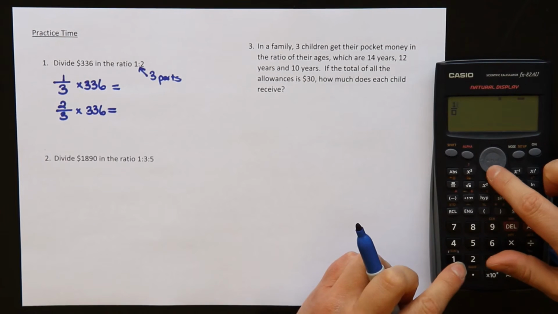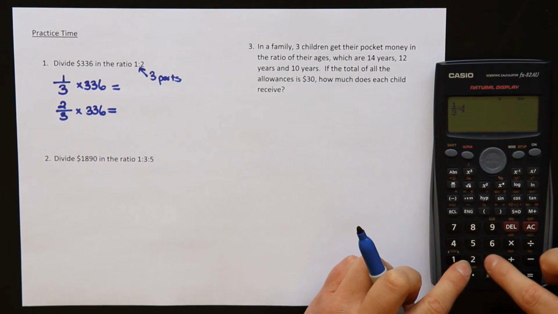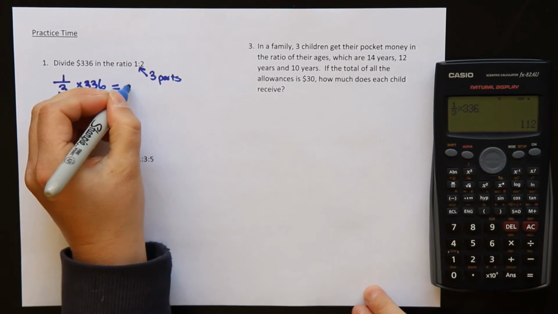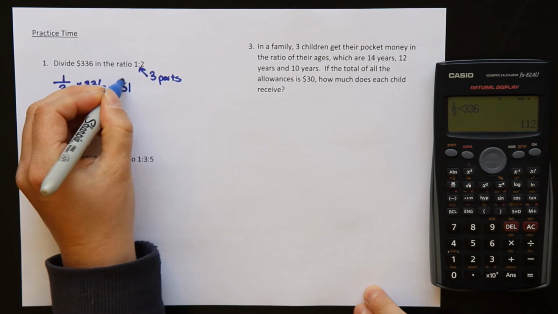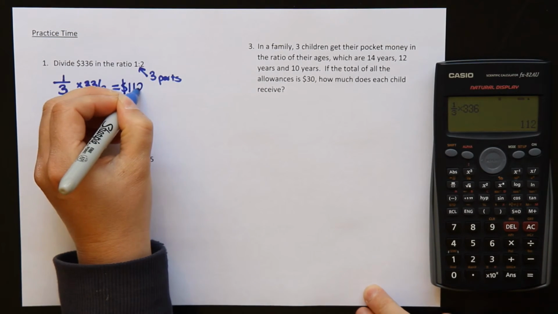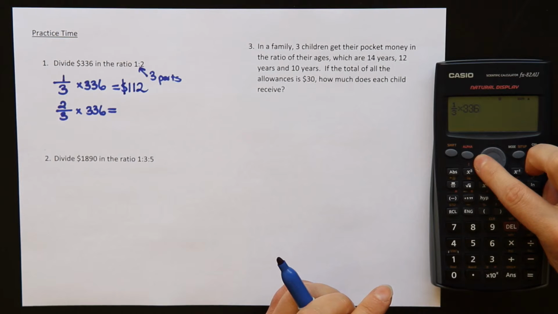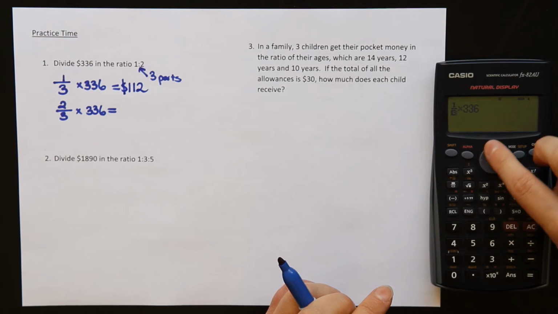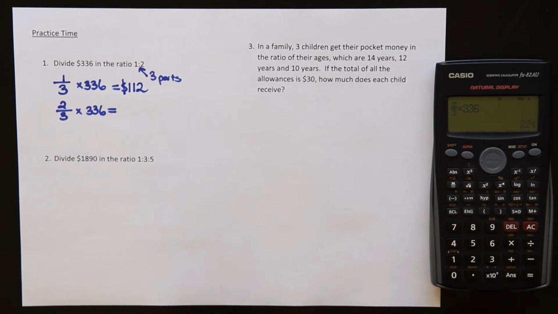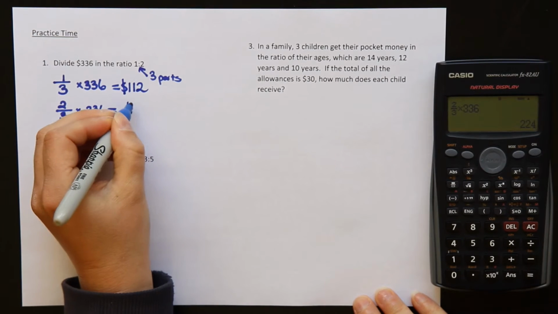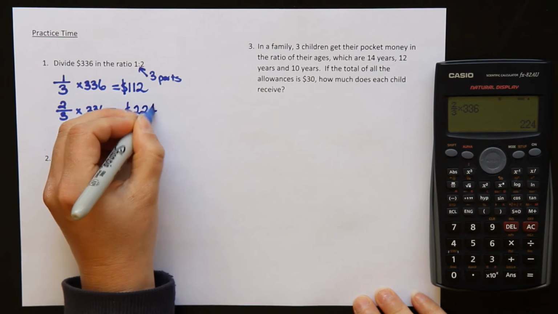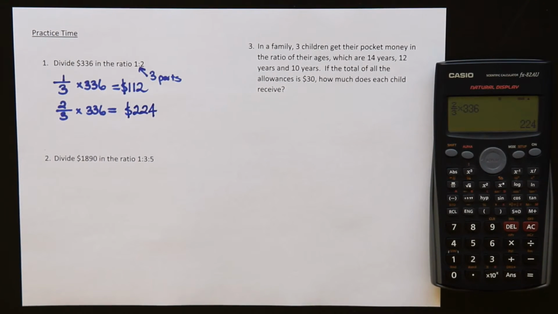Typing in 1 over 3 times 336 is 112. Now this is in dollars, so $112. And the second one, we get $224.